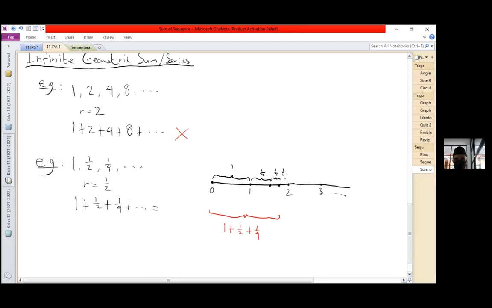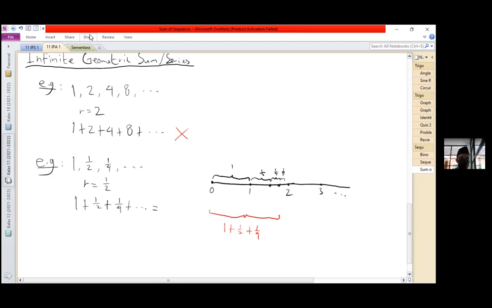So it continues on and on. And basically, the more terms you add, you will get closer and closer to 2, right?